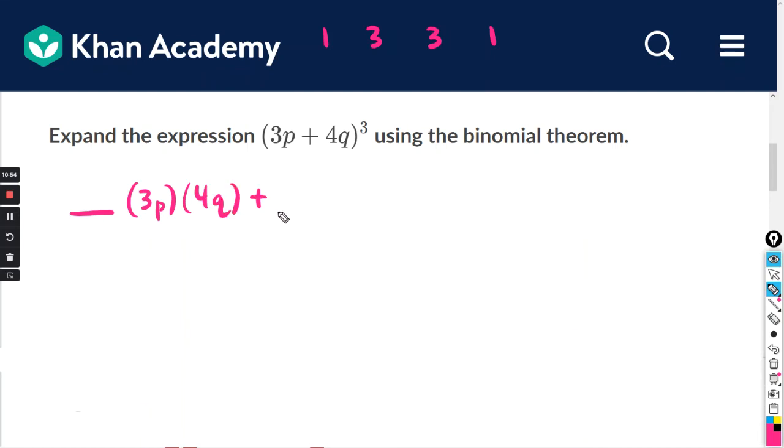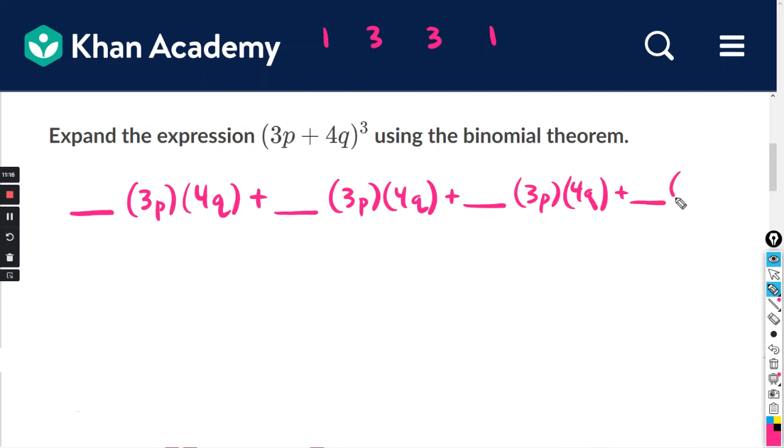And we're going to add each time, 3p times 4q, and leave a blank space each time, 3p times 4q. Okay, and one more, 3p 4q. Okay, so I wrote it out 4 times because I have the 4 coefficients here.